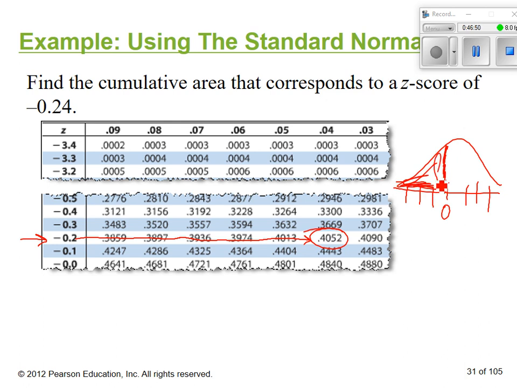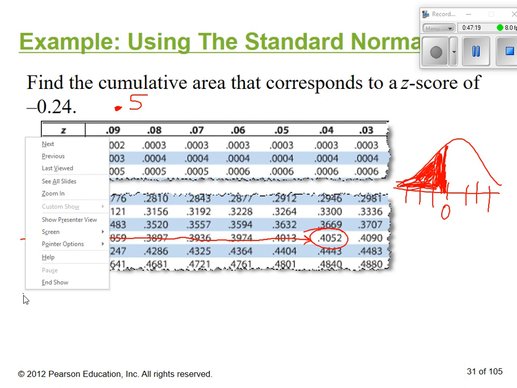And again, this chart always deals with everything to the left, so we're looking at that area. Right away, when I'm on this side of 0, I know that my area should be less than 0.5. If it's not less than 0.5, then I did something wrong. Well, this area is less than 0.5, so hopefully that's pretty close.